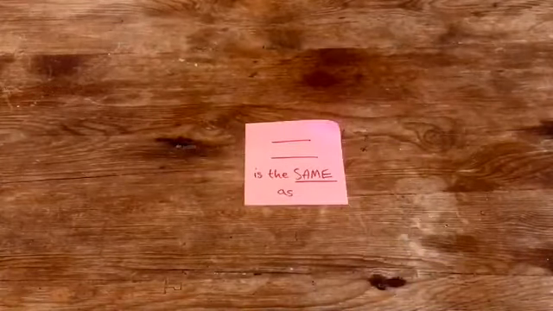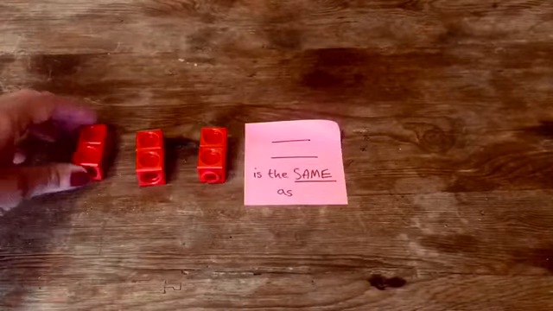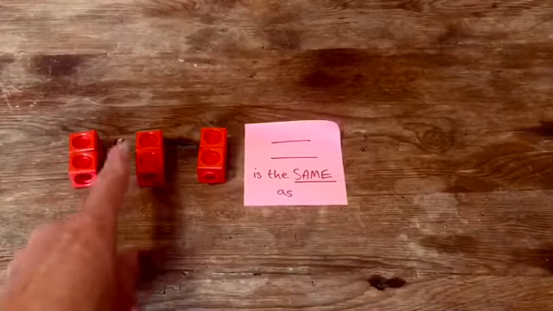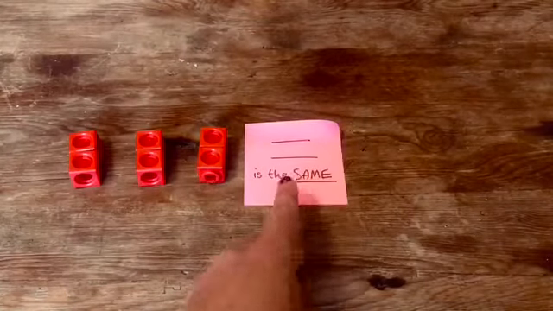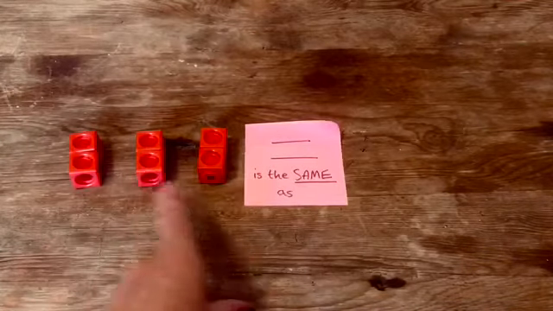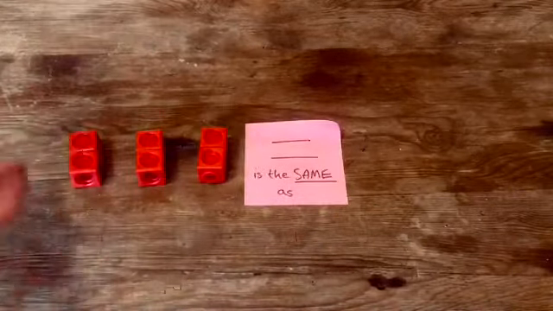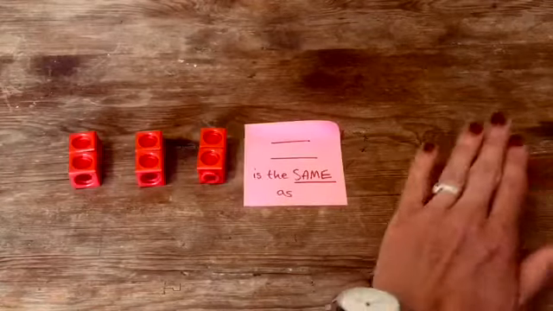Okay, but we can also use some multiplication. So here I'm showing 3 lots of 2. I would write 3 times 2 equals, and we're used to saying that 3 times 2 equals 6 because 3 lots of 2 are 6. But there are other things that we can put over on this side as long as they're all worth the same.